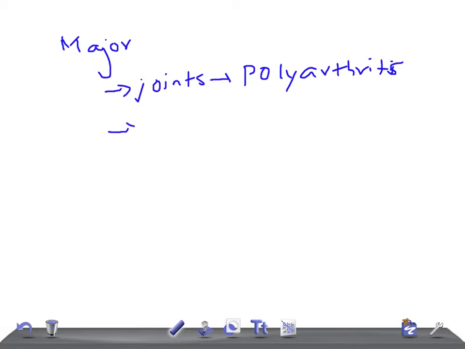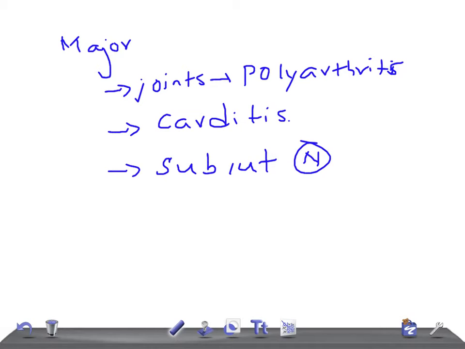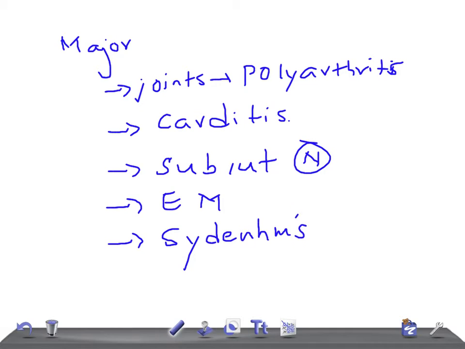It affects the heart, known as carditis, and nodules, that is subcutaneous nodules. Then erythema marginatum, and the most important, chorea, that is Sydenham's chorea.